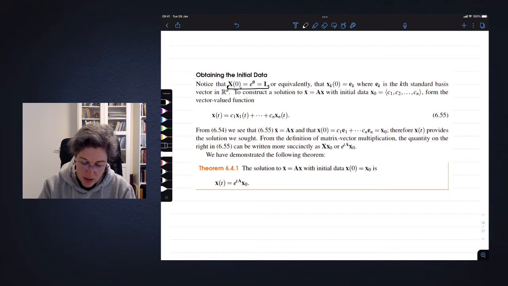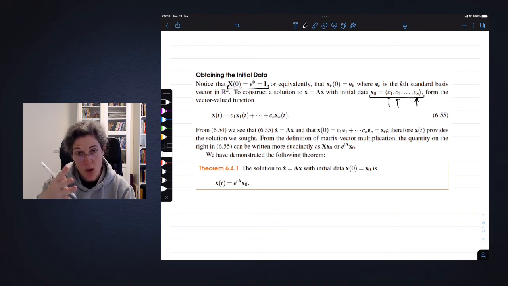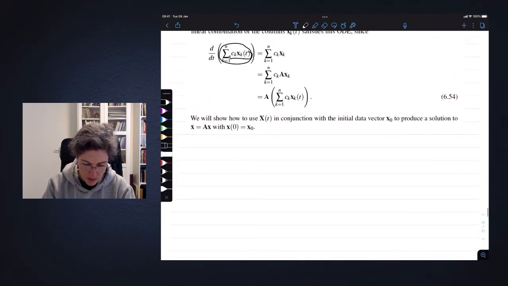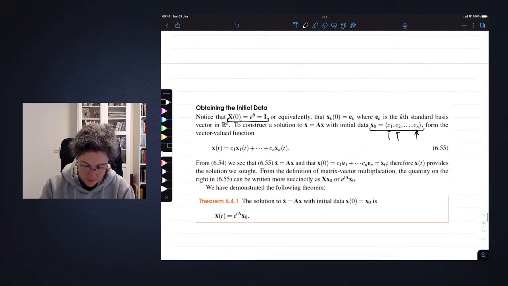In order to construct a solution which has something that's not 0, all we need to do is take whatever our initial condition is, and use those as our constants in our general solution that we had over here.